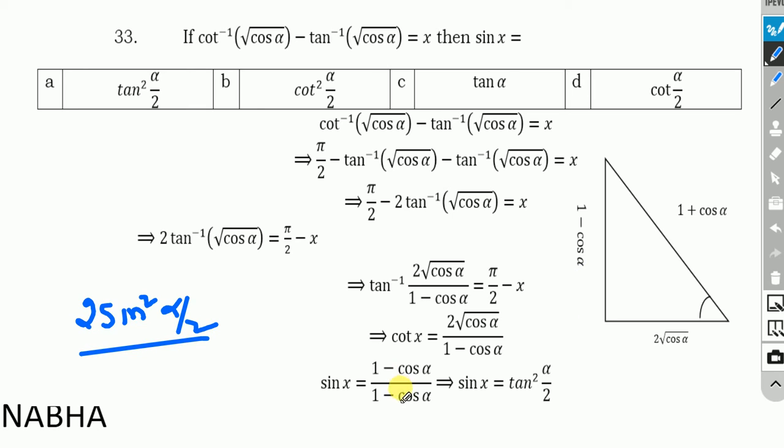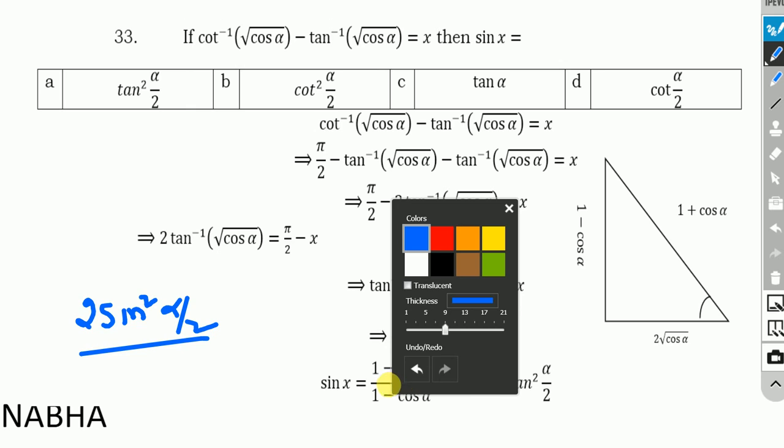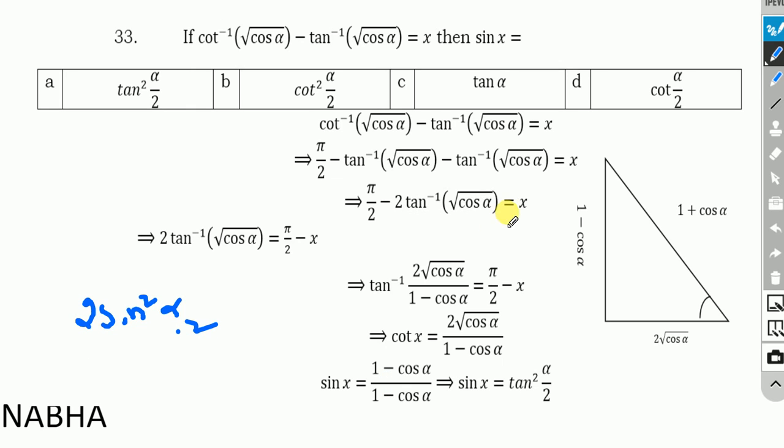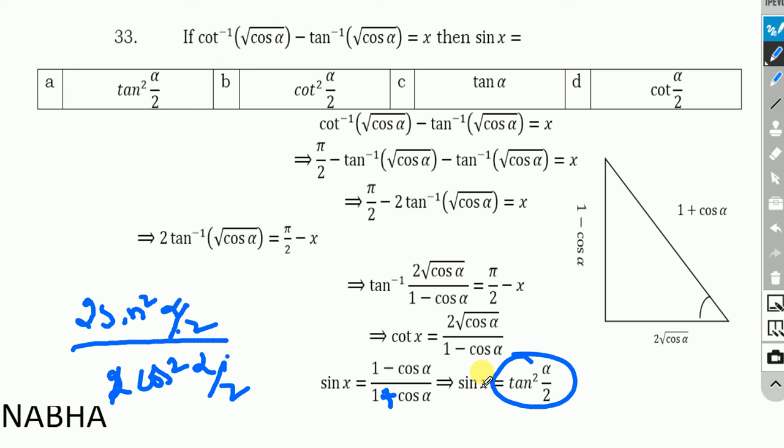Here I have a plus sign in the denominator, by mistake it is typed as minus. So sin square by cos square is tan square alpha by 2, which is in option A. So the answer is option A.